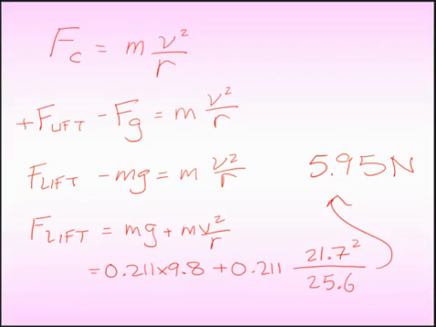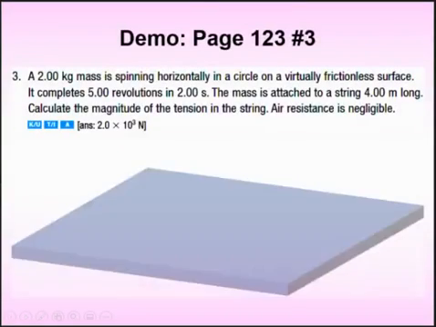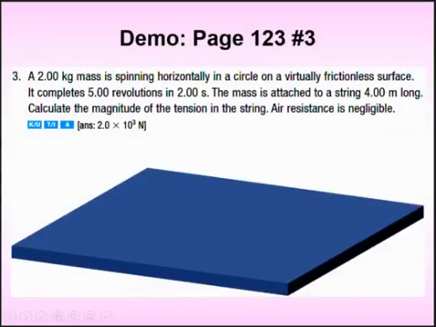Okay, all right, let's look at the next problem. We have a 2 kilogram mass spinning horizontally in a circle on a virtually no friction surface.